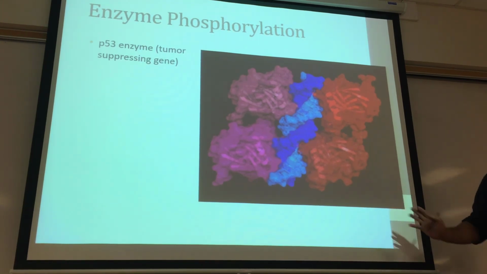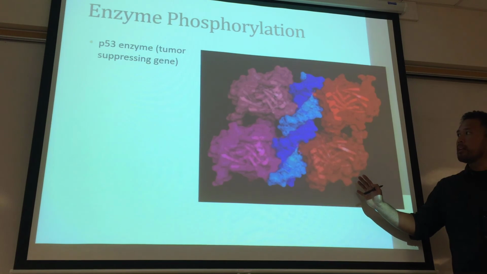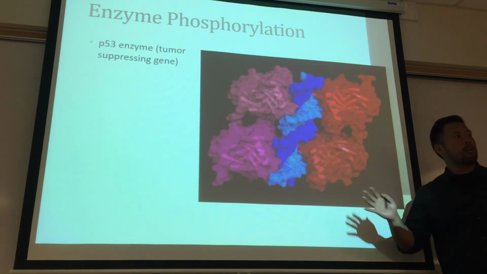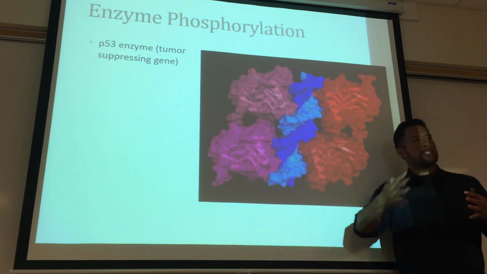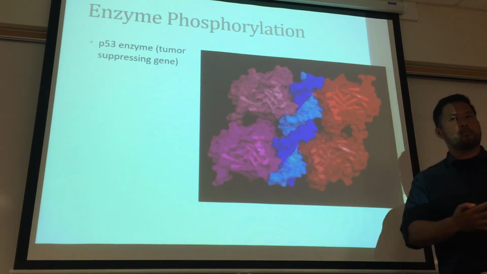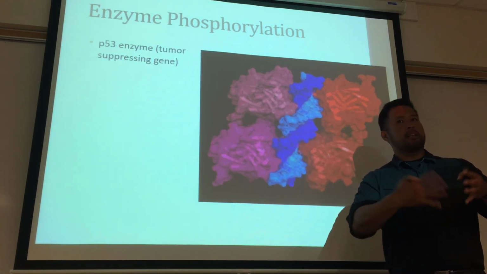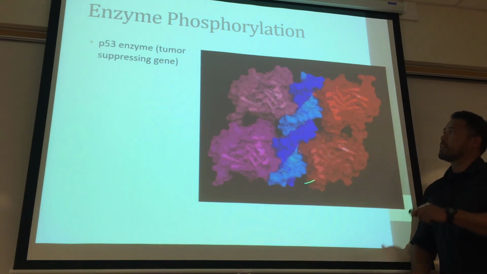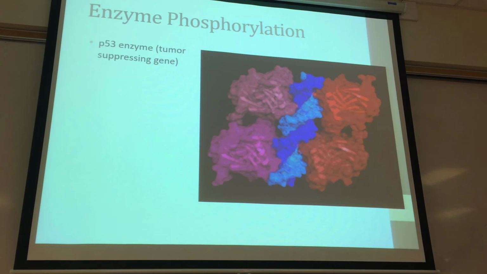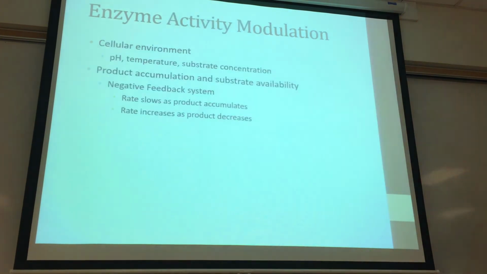And we find that if there's any mutations to this enzyme, that enzyme might not turn off, or that enzyme might not be turned on anymore to stop cellular division from taking place. So any mutations to an enzyme can potentially cause a cell to continually divide if it affects specifically this enzyme. I don't want to lose you guys too much on that, so I'm going to skip this altogether. Any way you look at it, this is just a way of turning it on.